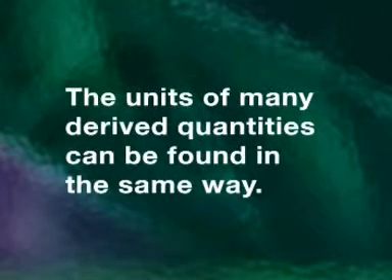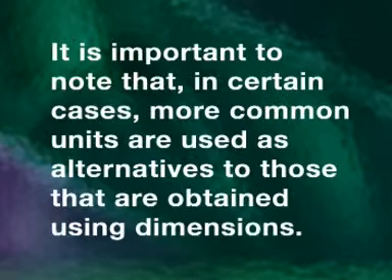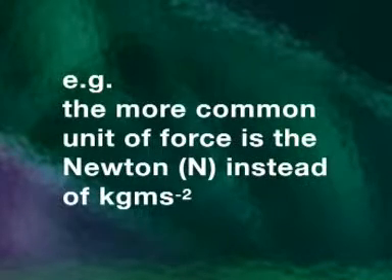The units of many derived quantities can be found in the same way. It is important to note that in certain cases, more common units are used as alternatives to those obtained using dimensions. Example, the more common unit of force is a Newton, represented by capital N, instead of kilogram meters per second squared.